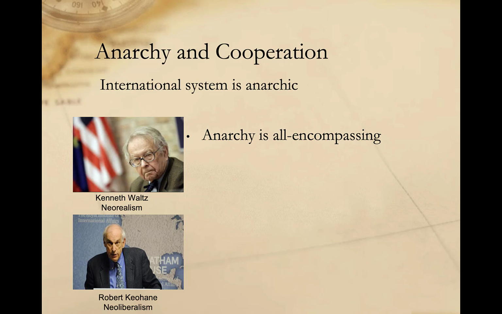It's the natural state of affairs in global politics, and that necessarily results in a self-help international environment, which makes cooperation difficult to achieve and fleeting at best. Further, according to neorealists, international organizations are incapable of, or perhaps ineffective at, affecting this condition of anarchy. Instead, international organizations like the United Nations or the European Union are merely vehicles through which the most dominant states can further assert their dominance.